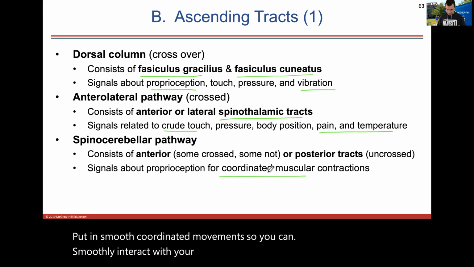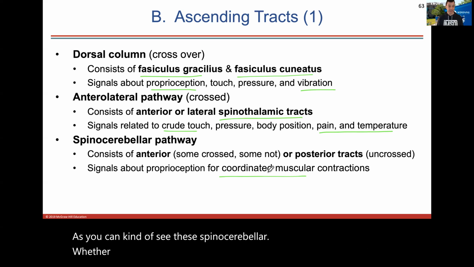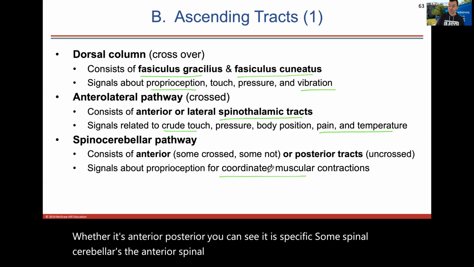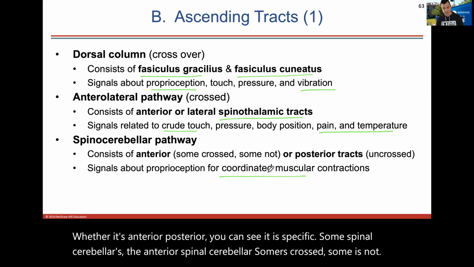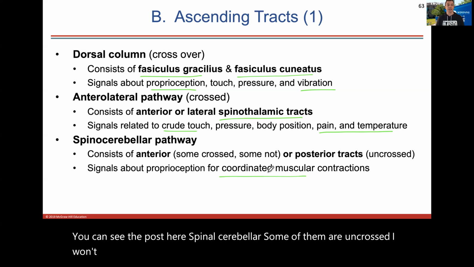Pretty easy. As you can see, these spinocerebellar, whether it's anterior or posterior, are specific. Some spinocerebellars, the anterior spinocerebellar, some is crossed, some is not. You can see the posterior spinocerebellar, some of them are uncrossed. I won't ask specifically, is the anterior spinocerebellar a crosser or not?